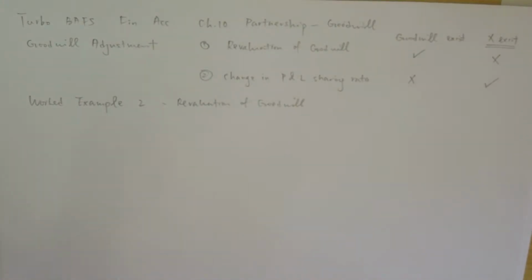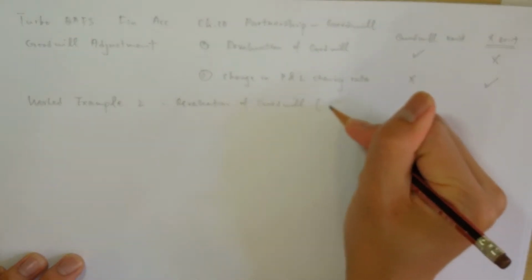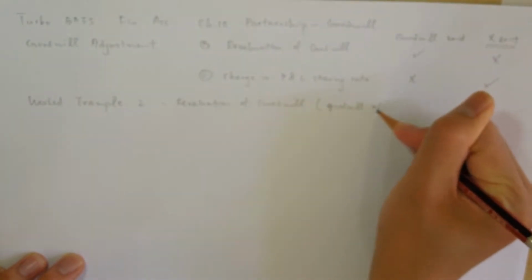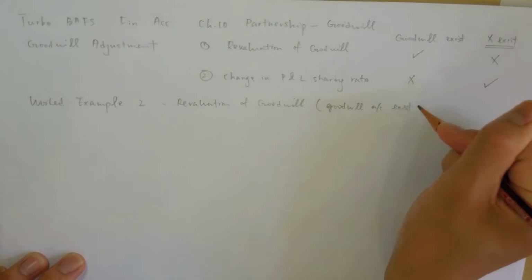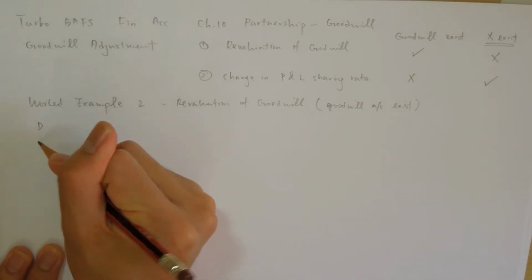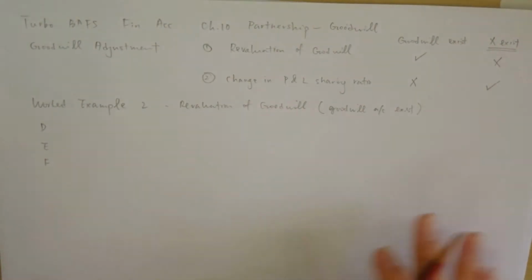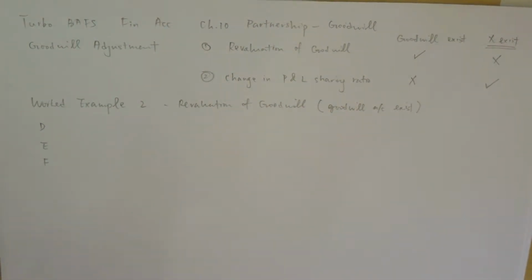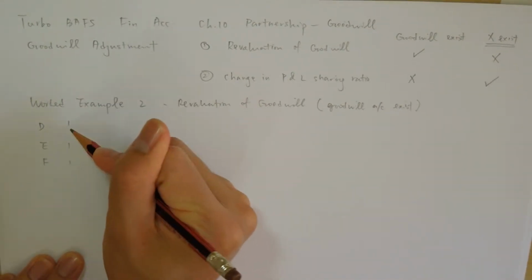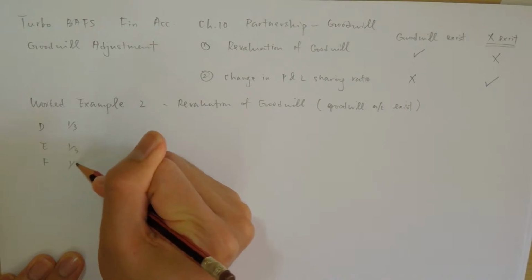So for this question, same, the goodwill account exists. Next, we have three partners, D, D, F, and these three partners are equal partners. That means they share the profit and loss equally, 1/3, 1/3, 1/3.